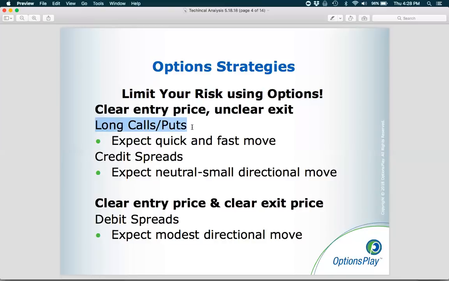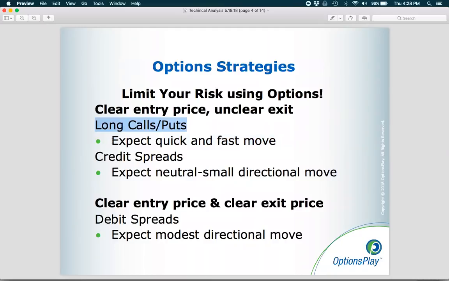You either buy a call or a put, or trade a credit spread. Which of those 2 depends on whether you expect a quick and fast move or a neutral or small directional move. Depending on how you feel the stock's going to react, you can use these 2 strategies accordingly. I'll go through these in the examples that I use here today.